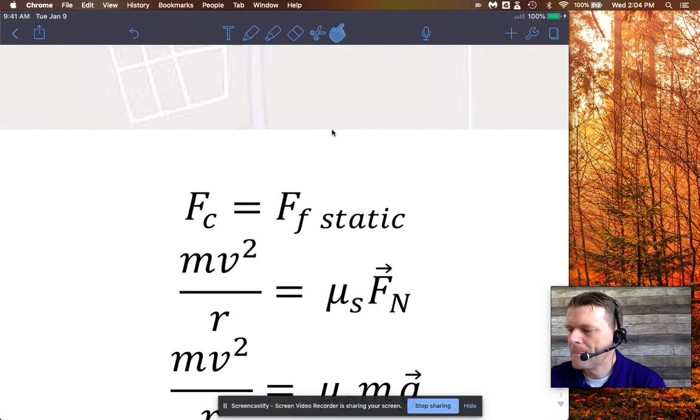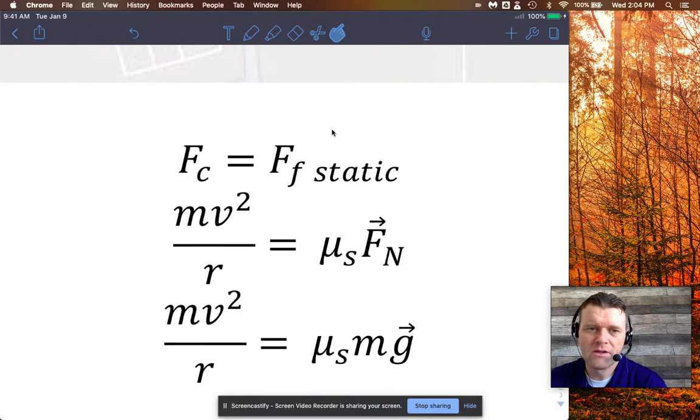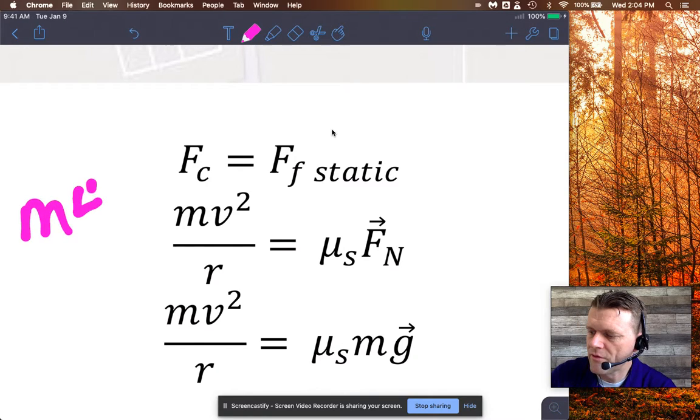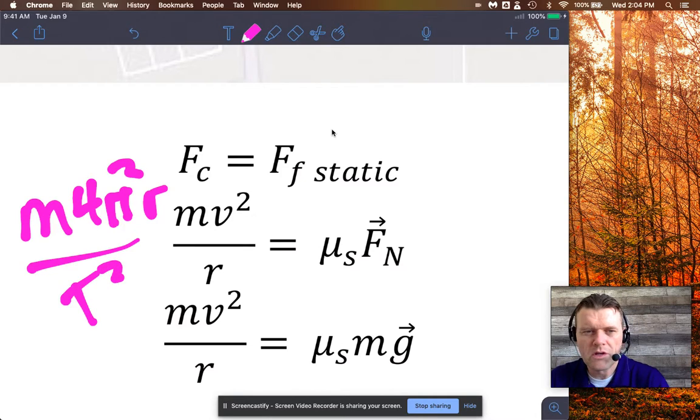So if we expand centripetal force, remember you have two formulas for centripetal force. You could also use m 4 pi squared r over t squared. We could use that one if I was given the period, which I wasn't. So because I'm trying to find the speed, I'm going to use the other one.